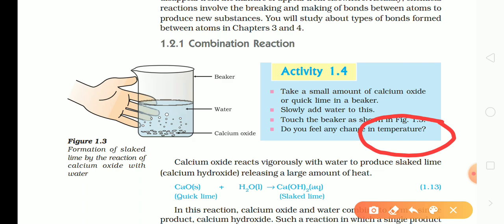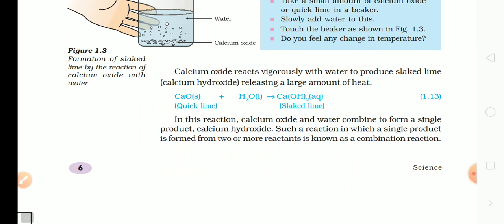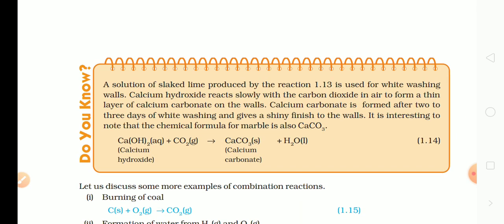There are many combination reactions which are exothermic in nature. Exo means outside. Thermic means something related to energy. So whenever in a chemical reaction the energy is given out, it is called an exothermic reaction.